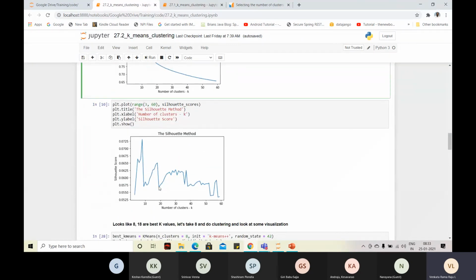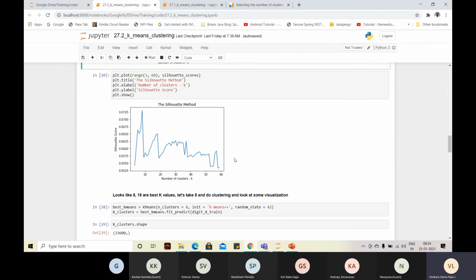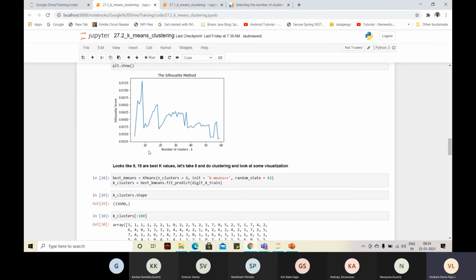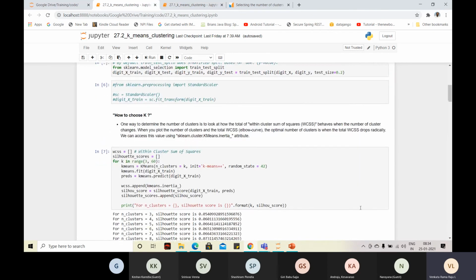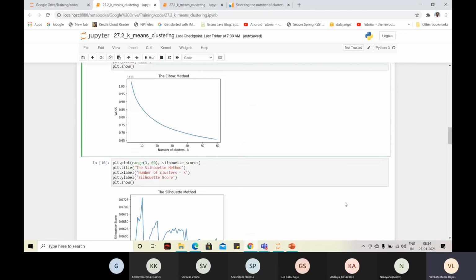Okay, I took the Silhouette score and tried to do a plot. See this here? It's actually jumping around. I chose k is equal to 8 because here I am pretending that I don't know the y variable. In this digit recognition data, I have 10 groups, so I know 10 clusters are there.